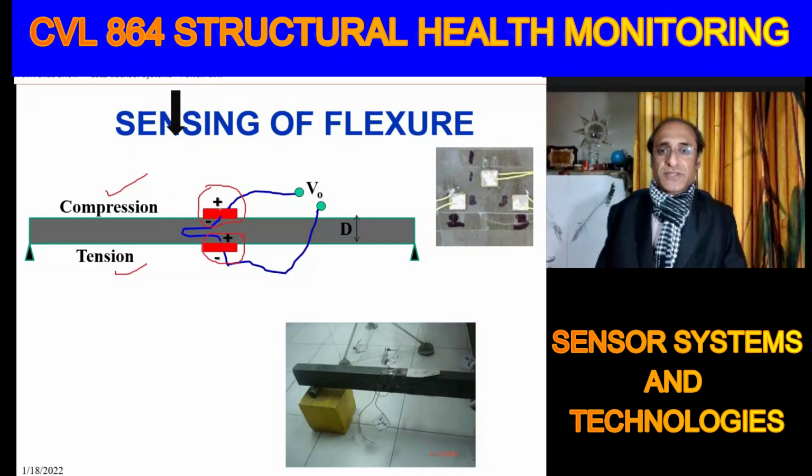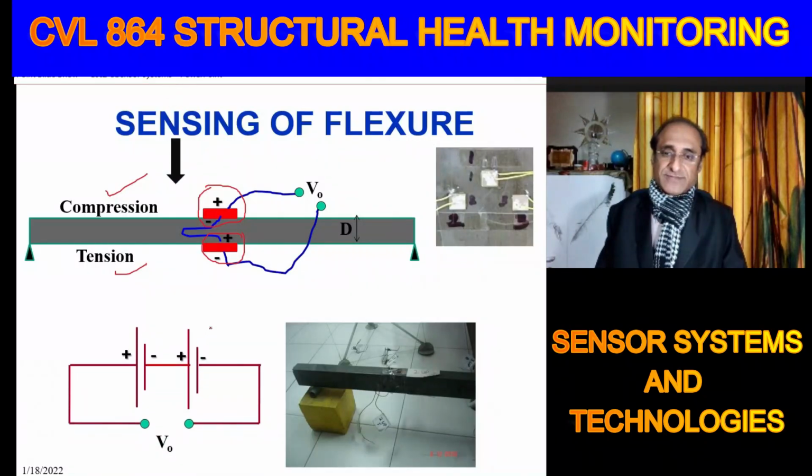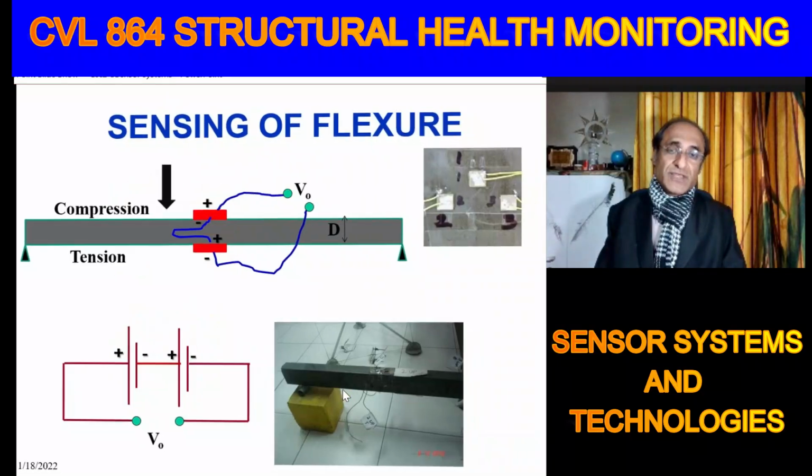So the charges will be different. For example, the top patch, let's say the upper outer surface has positive, but in the bottom, the outer surface will have negative. Then we connect them in such a fashion that the combined voltage output is additive in nature. So we are getting the summation of the voltages of the top and the bottom. Now this is very important because this gives us a measure of the curvature.